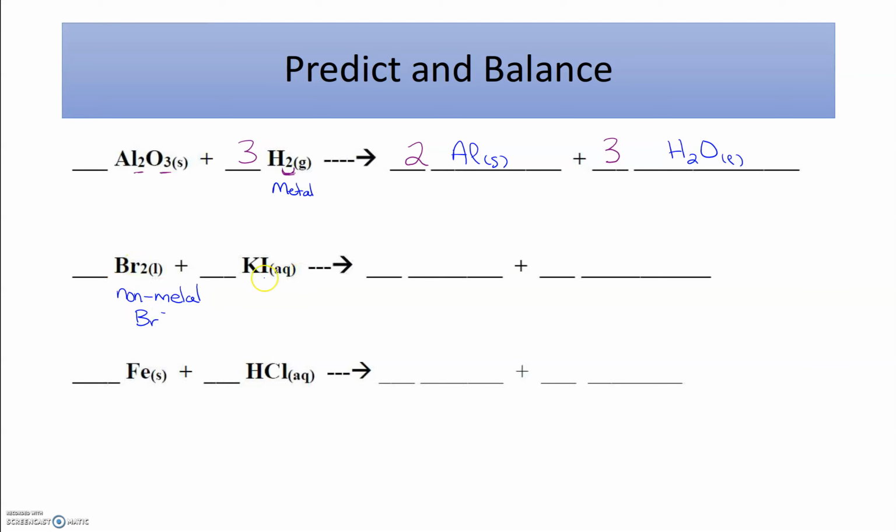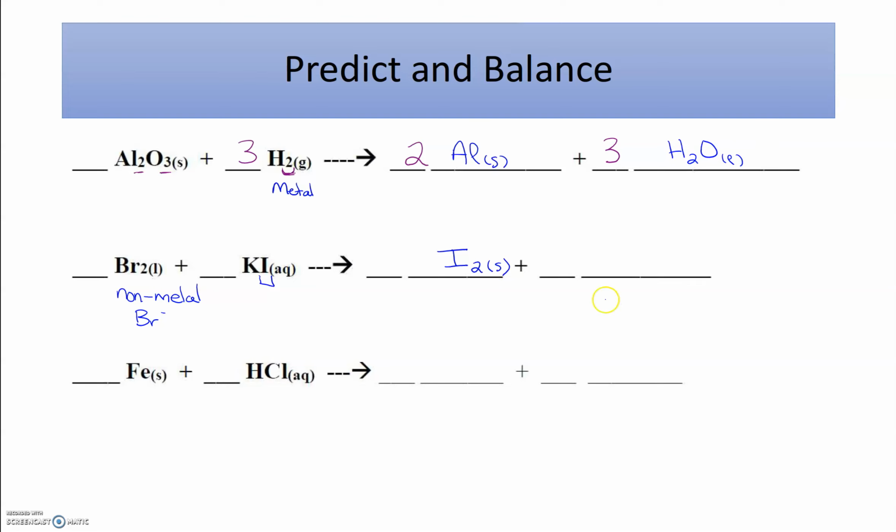That means he's going to be replacing the iodide ion in that compound. So iodine is the one that gets booted off by himself, so I'm going to have iodine all by himself. And iodine, again, is one of those guys that comes in pairs, and he is a solid as an element.